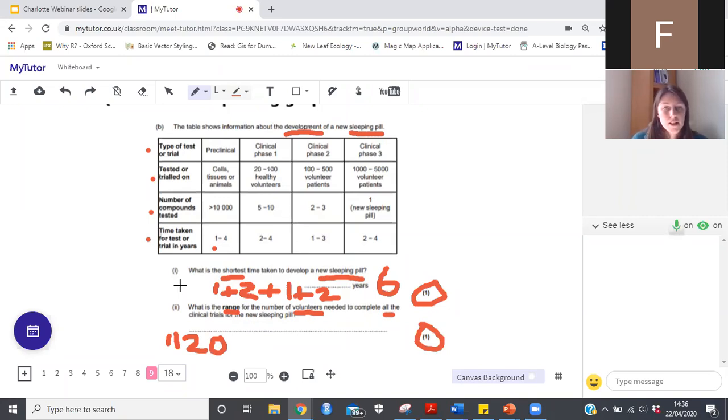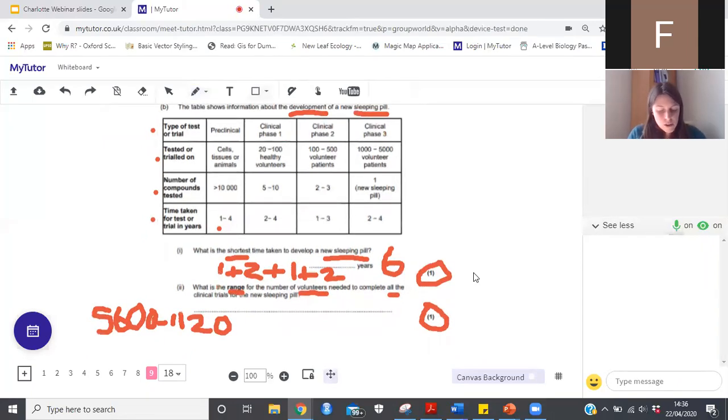Or at the highest numbers, you'd have 100 plus 500 plus 5,000, so 5,600. And to get the range, you could either write out both of those numbers, so 1,120 to 5,600, or you could take 1,120 away from 5,600 and write down the answer to that one. I'll do that quickly. Use a calculator to make sure.